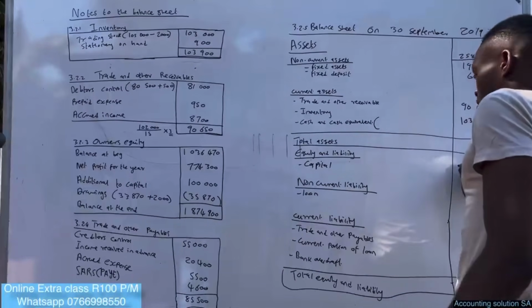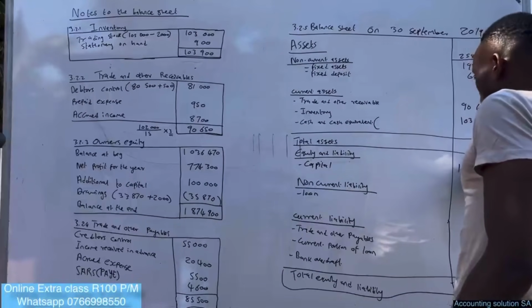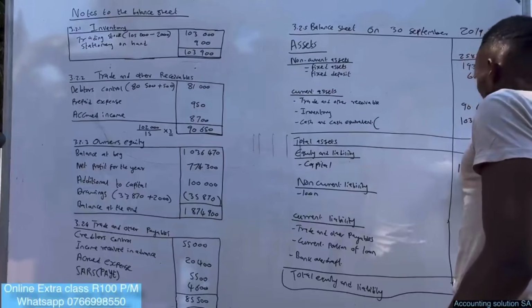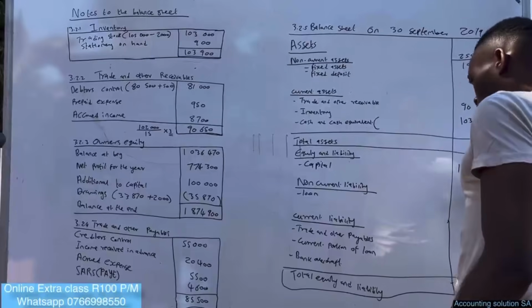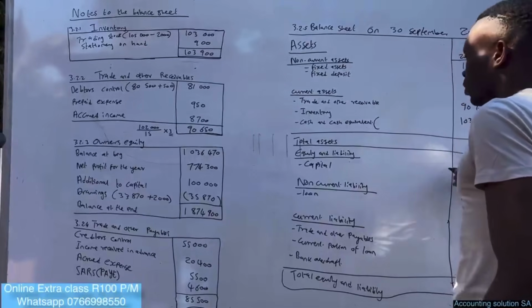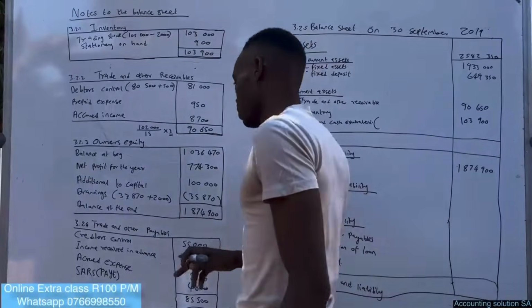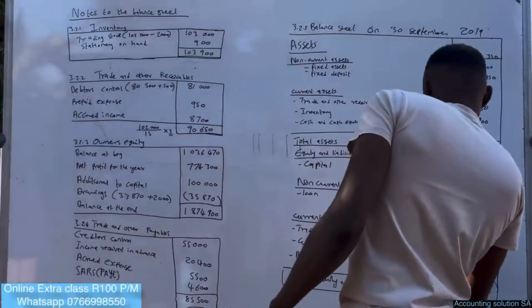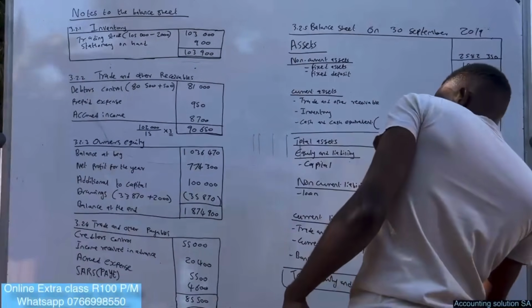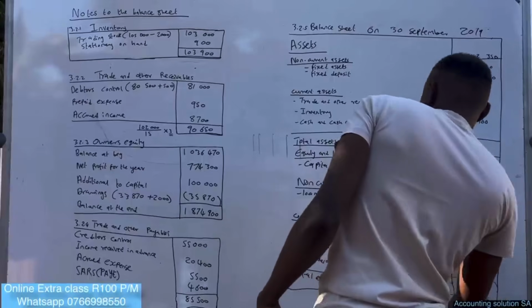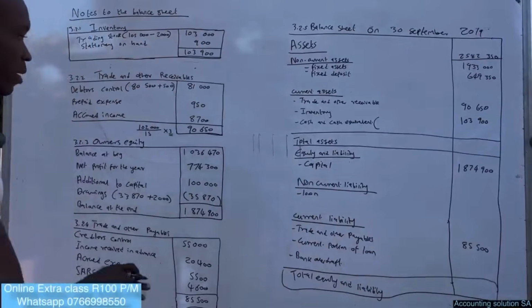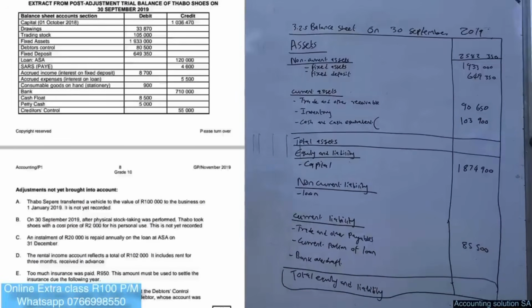Okay, it's owner's equity, which is 1,874,900. And the next one, trade and other payables, is this one, which is 85,500. You see, we have almost done everything. Okay, now we are going to work out the rest that are not given there.